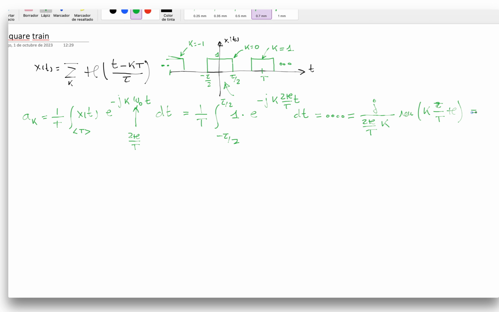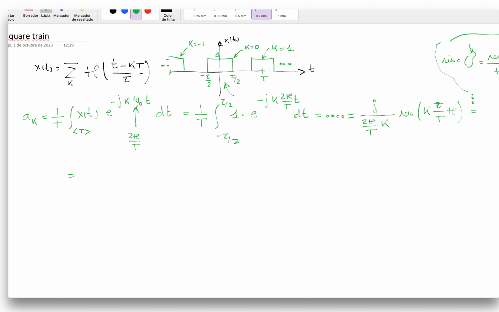And now remember the very important signal that you saw in the first part of the subject, which is the sinc signal. Remember that the sinc of whatever is in the argument is the sine of pi times that argument, divided by pi times the same thing.